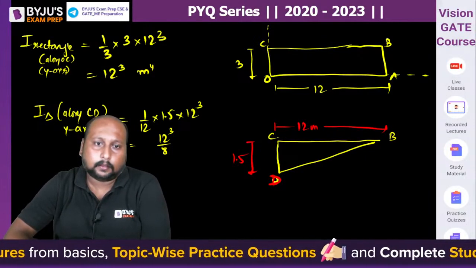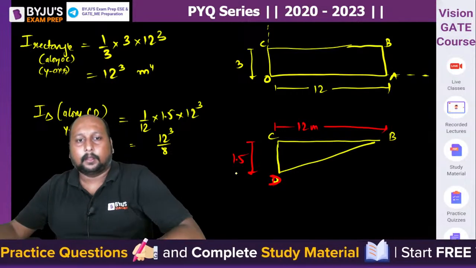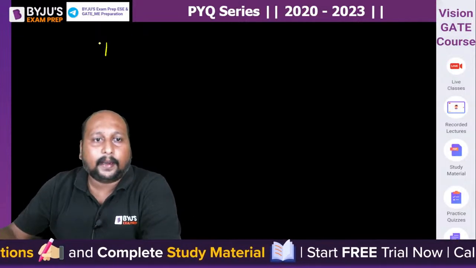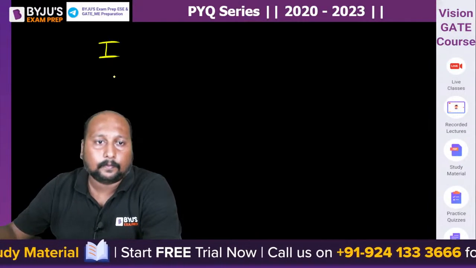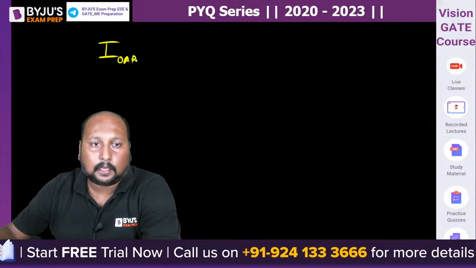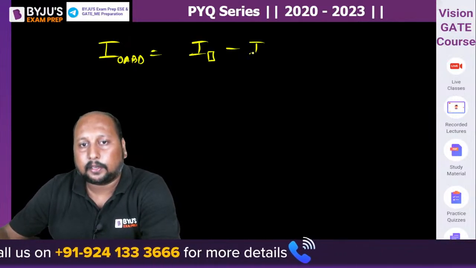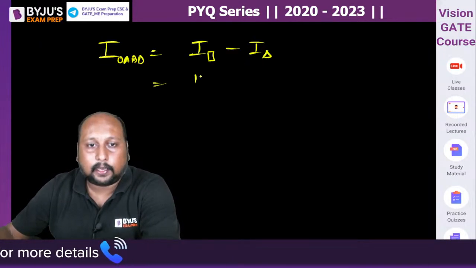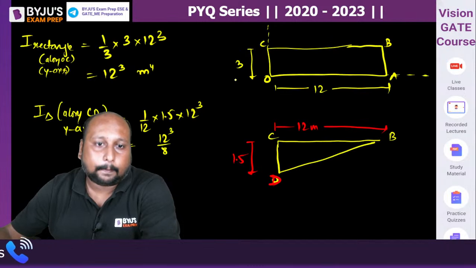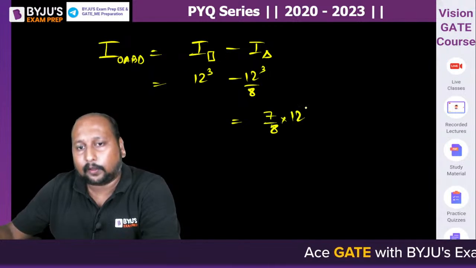So we can say the moment of inertia of this portion OABD is the rectangle minus the triangle. Rectangle is 12 cube minus 12 cube by 8. This is equal to 7 by 8 into 12 cube.